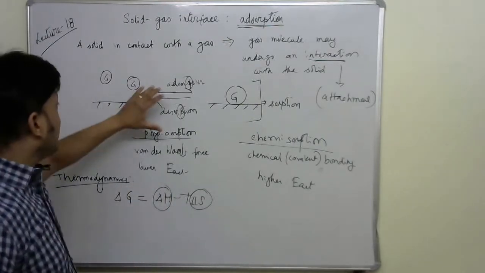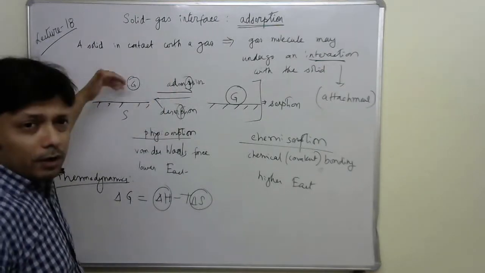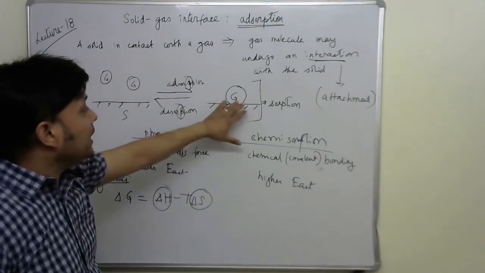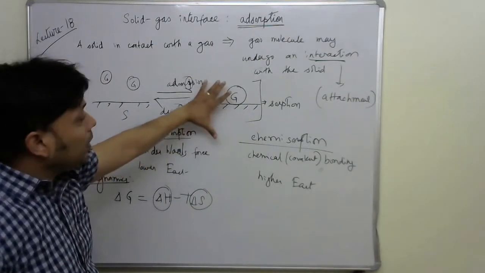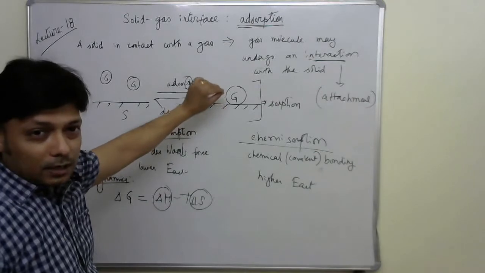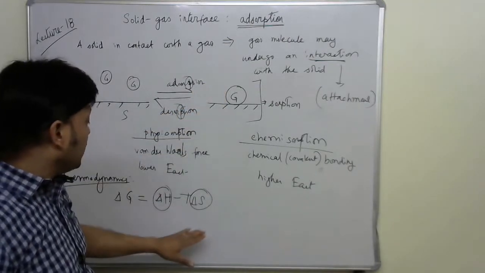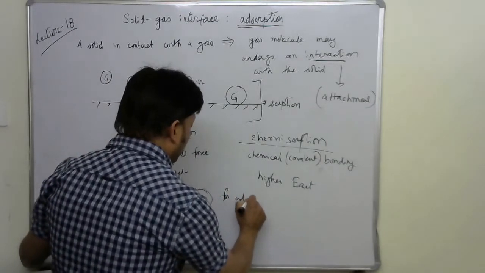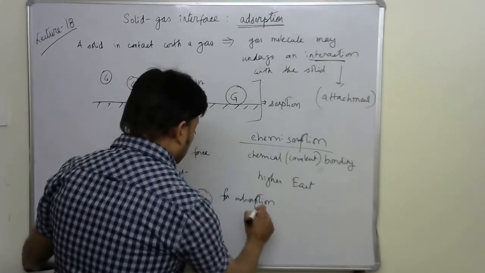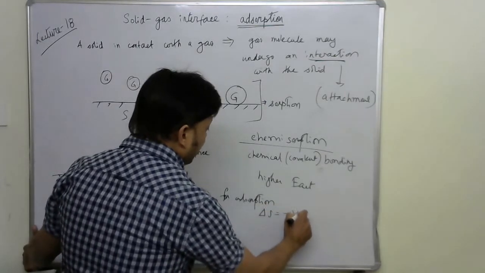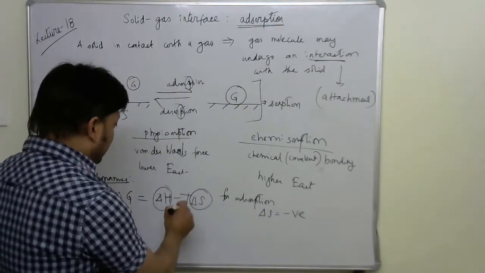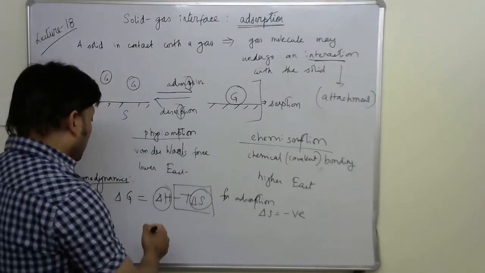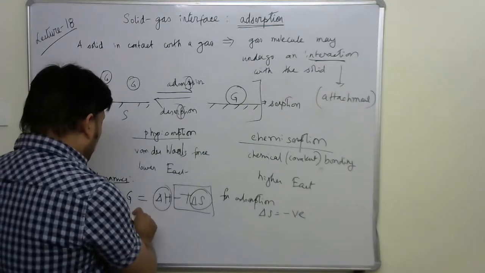Now if you look at the gas molecules before adsorption, they are free in the air, so they have higher degrees of freedom. But the moment they get adsorbed and attached to the surface, their degrees of freedom get compromised. Therefore, for the adsorption process, delta S is highly negative, so the term minus T delta S becomes a positive value.